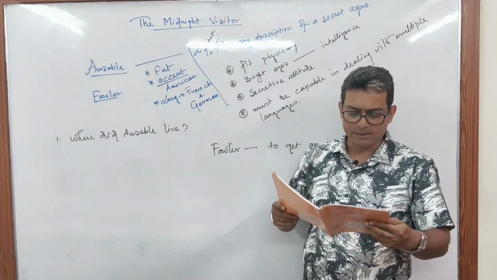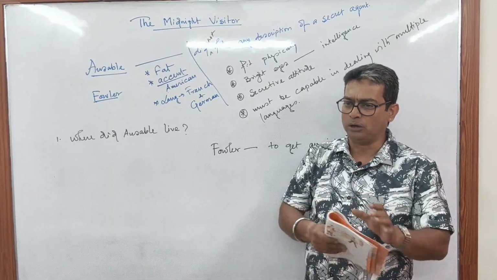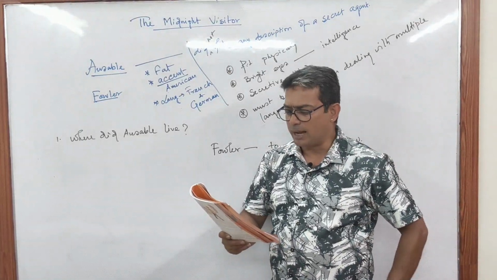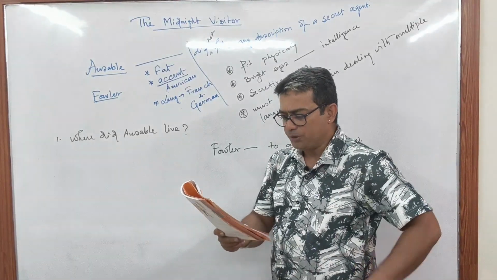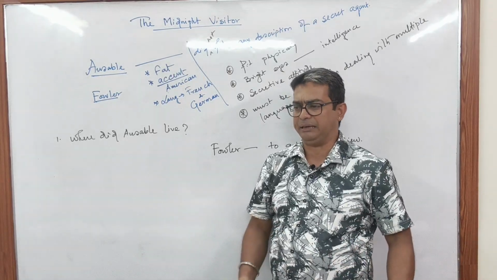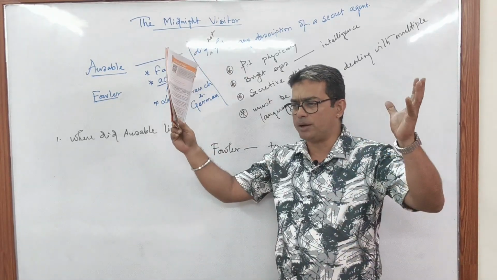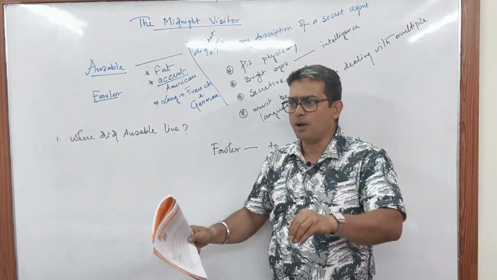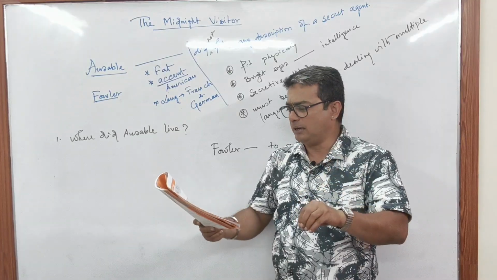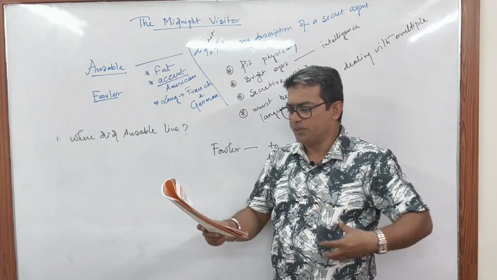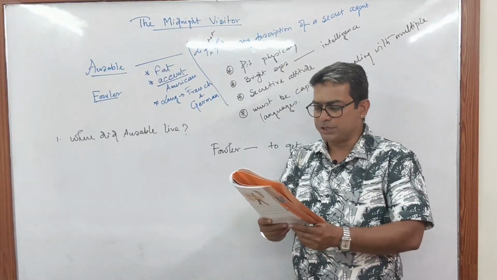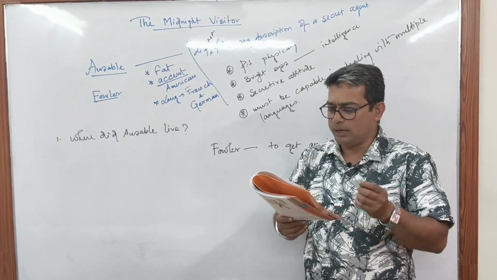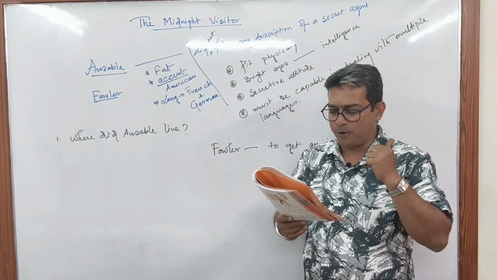Instead, you have spent a dull evening in a French music hall. And instead, what is Ausable telling Fowler? Instead, you have spent a dull evening in a French music hall with a sloppy fat man like me. You created an image with your romanticism and came to me, and now you have been spending a dull evening in a French music hall with a sloppy fat man who, instead of having messages slipped into his hand by dark-eyed beauties, gets only a prosaic telephone call making an appointment in his room.